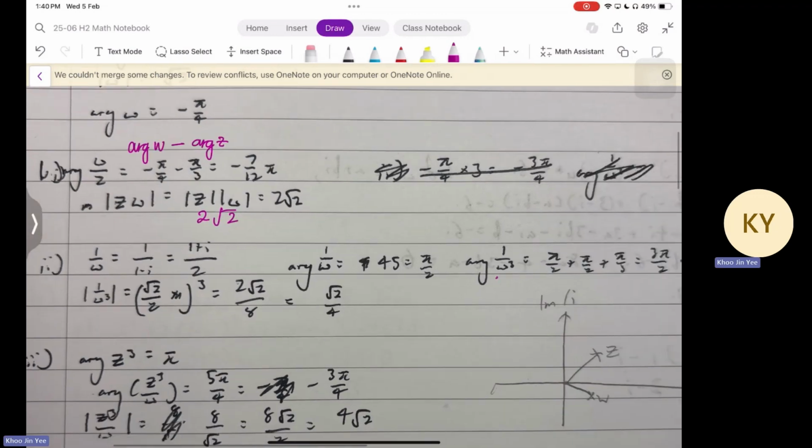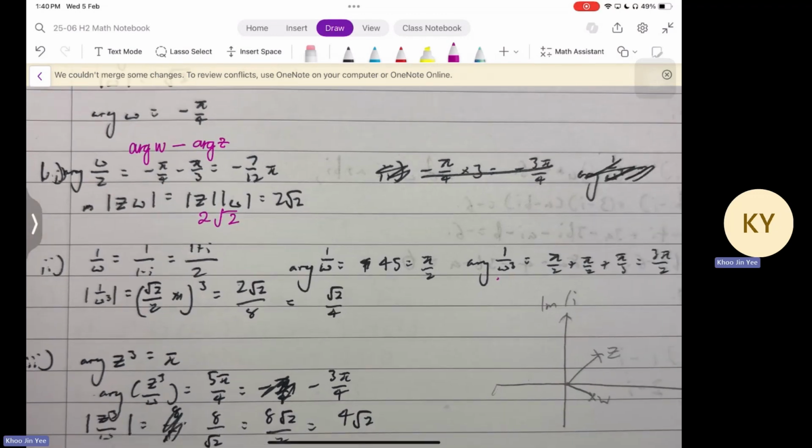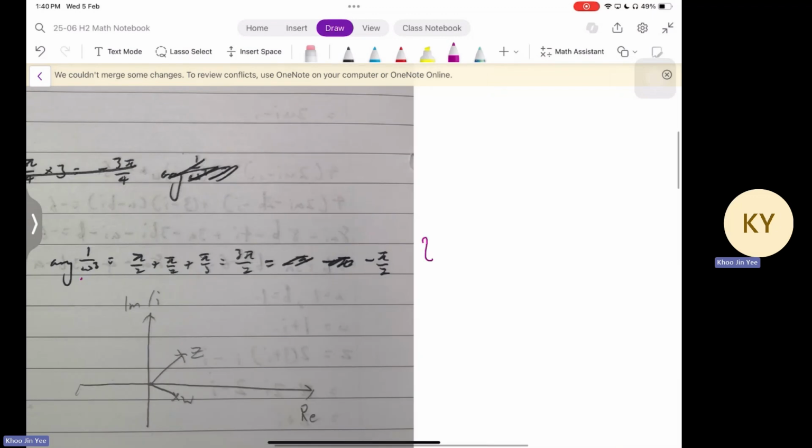Now, the next one, we are looking for the argument and modulus of 1 over w cube. Technically, you can find w first, but I will make use of the property.